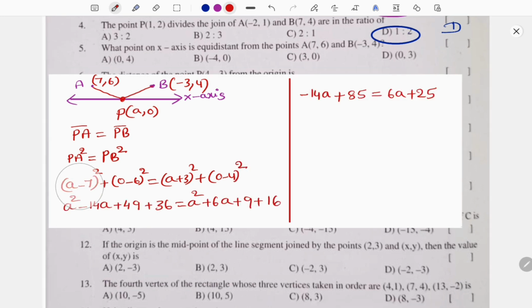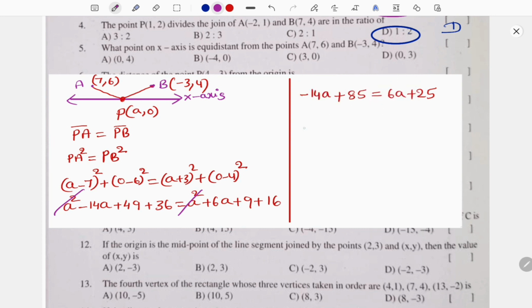Now you can simplify this one. (a minus 7) whole square is a square minus 14a plus 49. Here (minus 6) whole square is 36. (a plus 3) whole square is a square plus 6a plus 9. Here (0 minus 4), minus 4 whole square means 16. Now you can simplify this one. Here a square gets cancelled, equal terms on both sides are cancelled. Now minus 14a, 49 plus 36 is 85, and 6a plus 25.